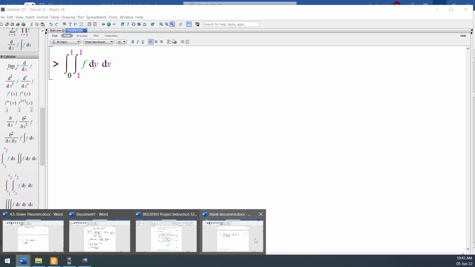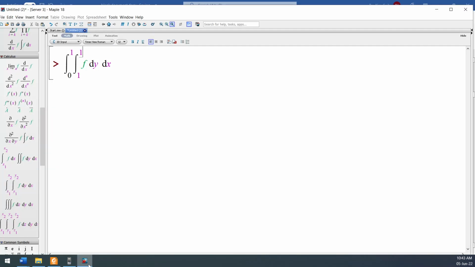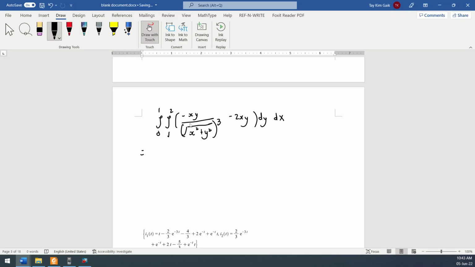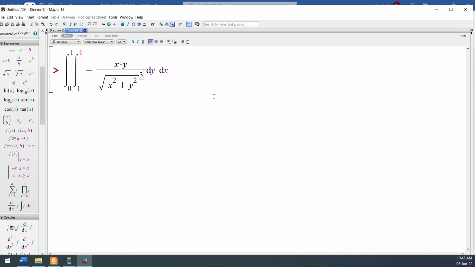Okay, this integral: minus xy divided by (x squared plus y squared) to the power 3, minus 2xy.